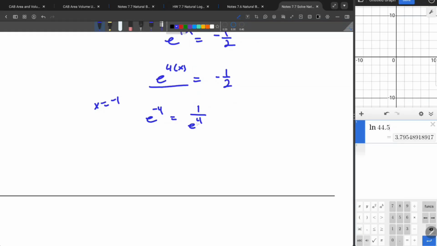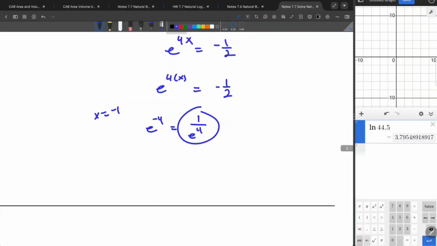And so a positive number, 1 is a positive number, divided by a positive number is always going to be a positive number. And so you are never going to get a negative number out of this piece, right? Because negative 1/2 is not in the range of e to the 4x, or of e to the x.